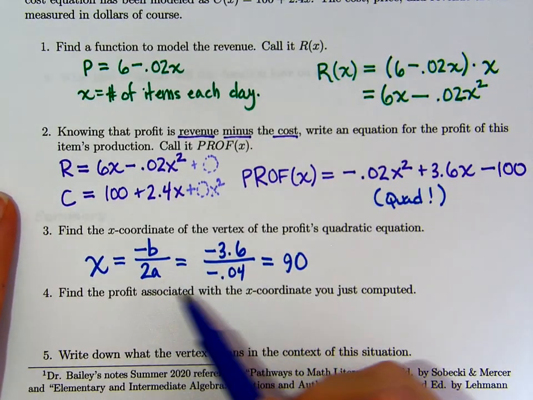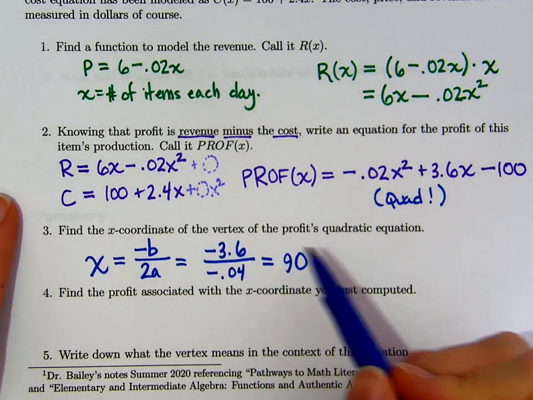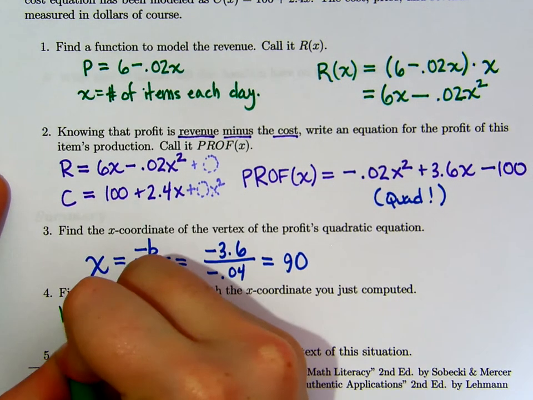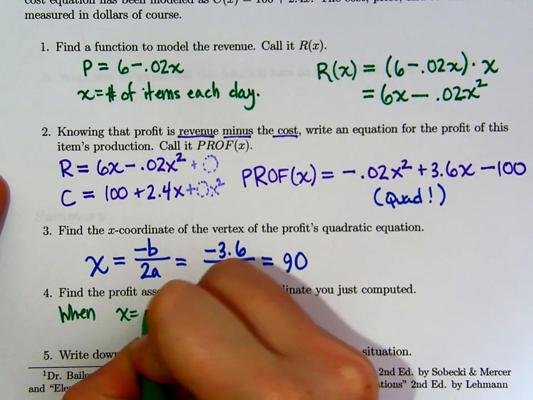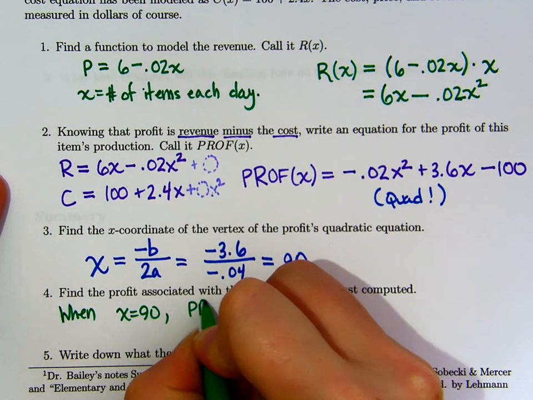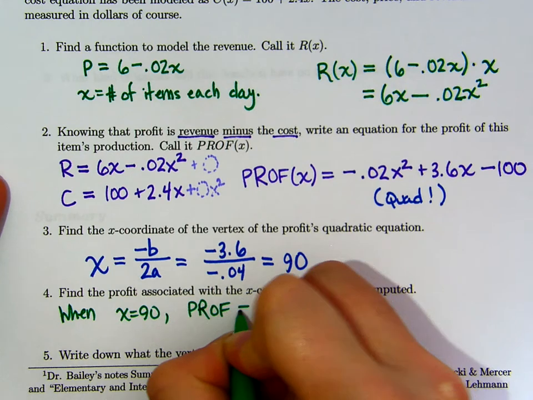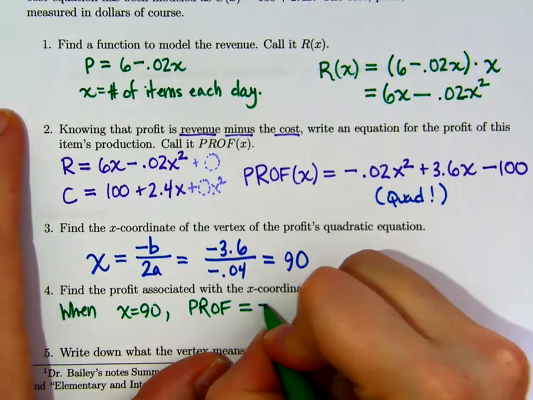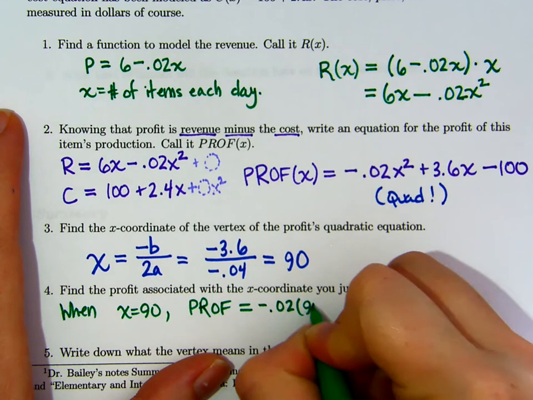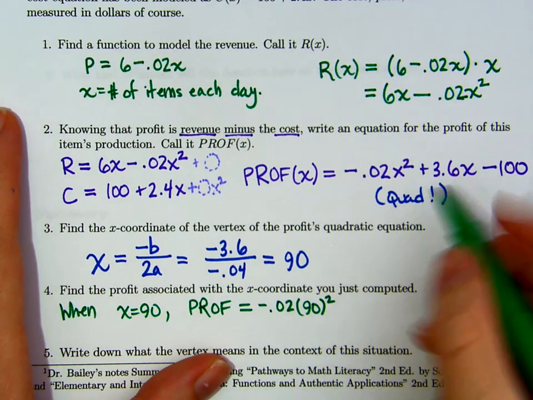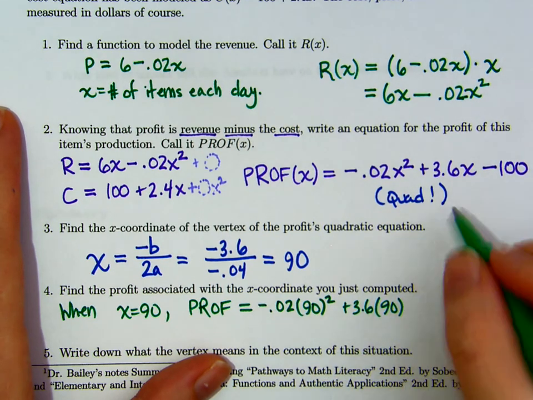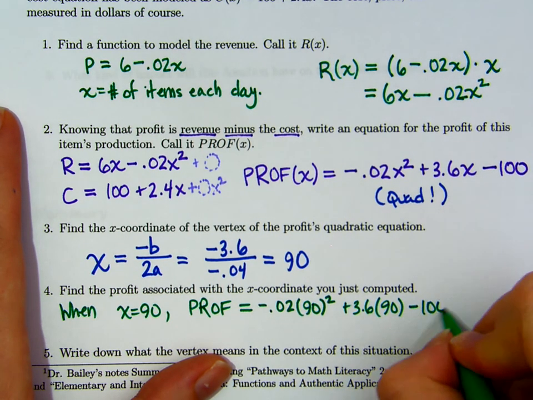Find the profit associated with the x-coordinate you just computed. So when x equals 90, the profit, and now we have to put in our 90: negative 0.02 times 90 squared plus 3.6 times 90, minus 100.